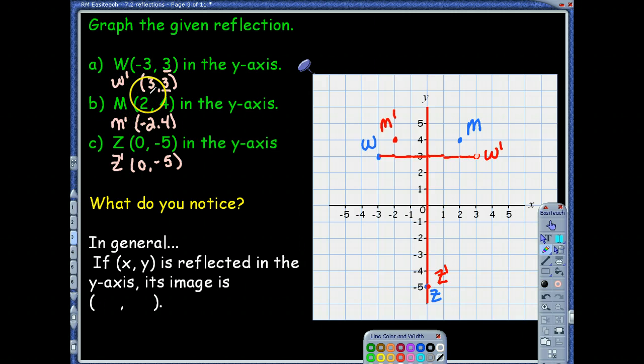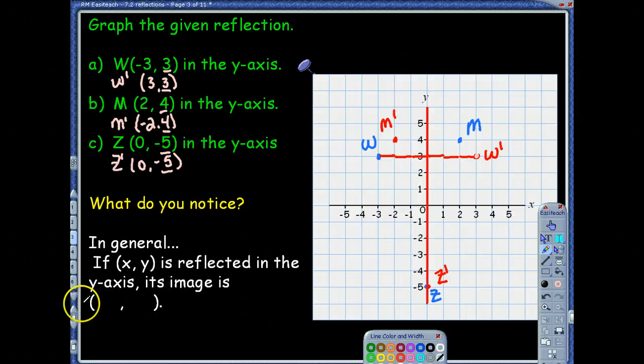The X in the image becomes positive 3. So it was kind of like opposite. Okay, so I'm looking at B as well. The Y's were the same, and the X's were opposites. Now in C, everything stayed the same, but we knew the Y's were the same. But what's the opposite of 0? There's no opposite. 0 is just 0.